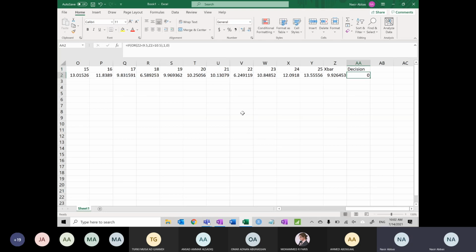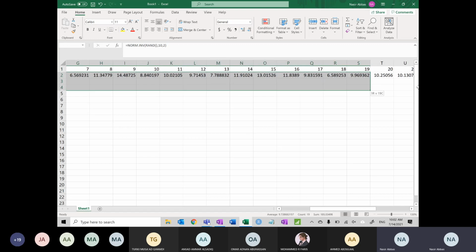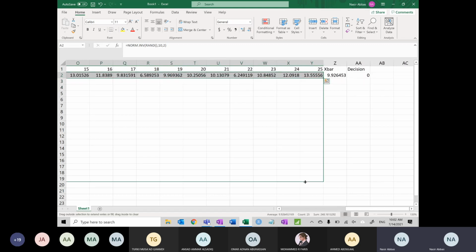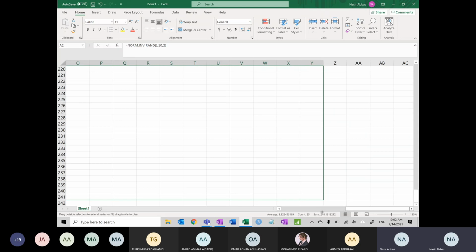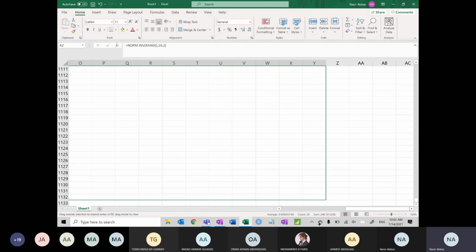Now I'm going to repeat this a very large number of times and see what proportion of the times I'm rejecting H0 and what proportion of the times I'm not rejecting H0. So I'll do this with 25 samples, maybe 1,000,000 times. I'll drag it down to maybe 10,000.